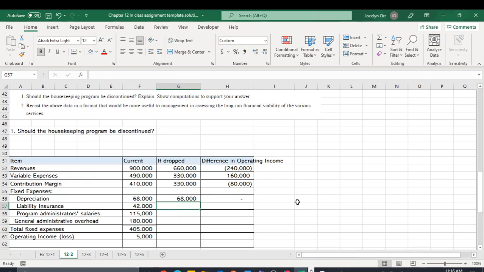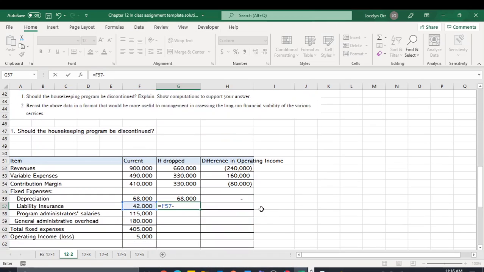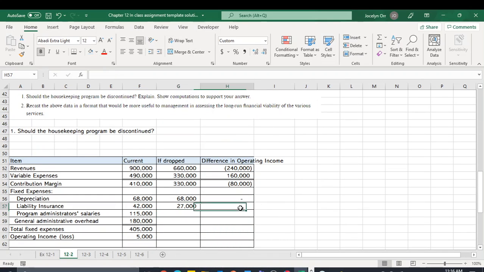Okay, so an overall difference of zero. The incremental change is zero. Our liability insurance is currently $42,000, and we know that we could avoid that cost if we drop this segment. So our liability insurance is $15,000 for our housekeeping, which would drop our expense to $27,000, which is a difference of $15,000.